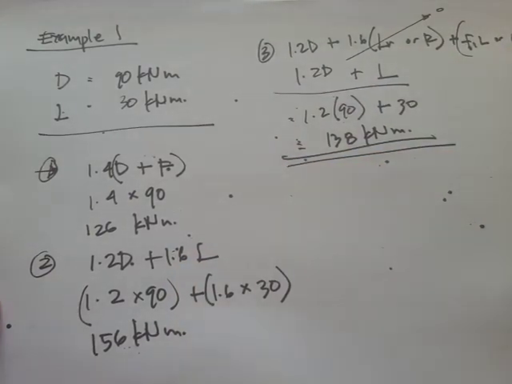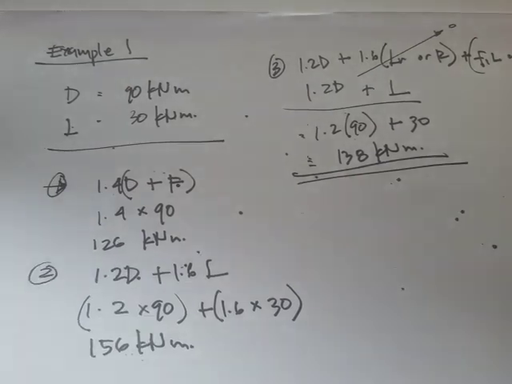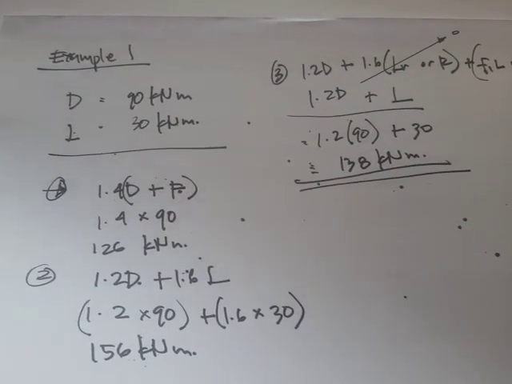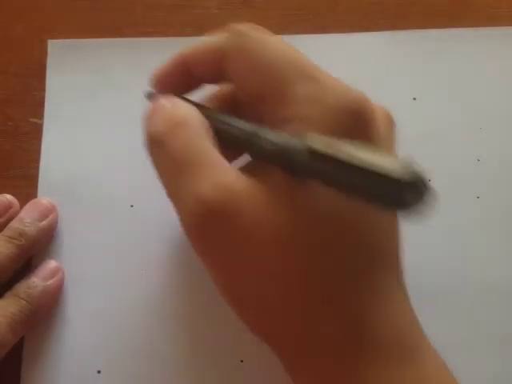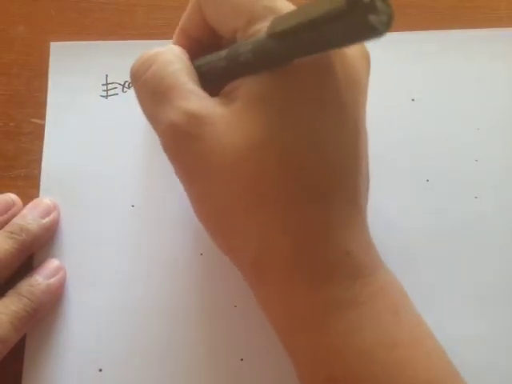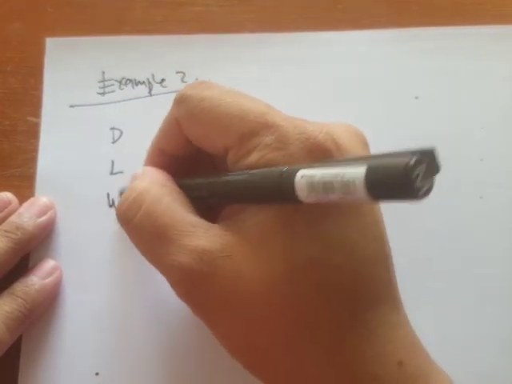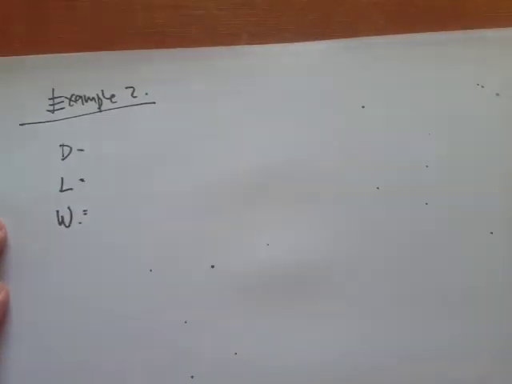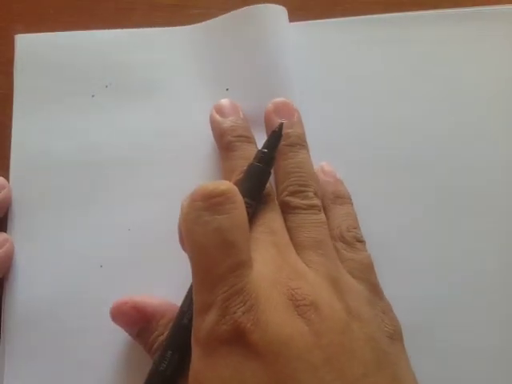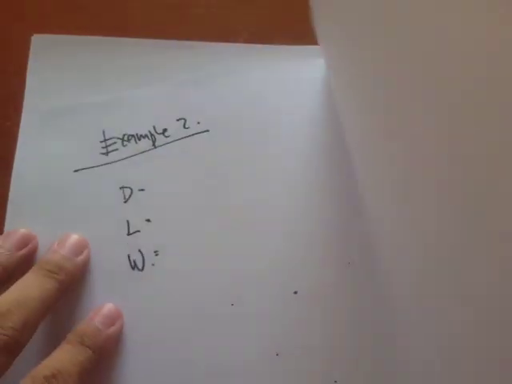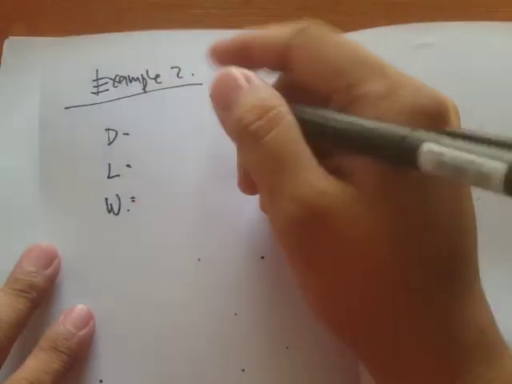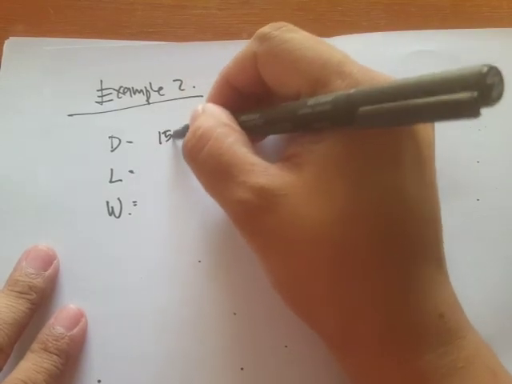Okay, so now let's do another example involving other types of loads. Okay, so let's say we have a dead load, live load, and wind load. Okay, and we'll try to write it in an organized manner. Okay, so dead load, let's say we have a 150 kilonewton.